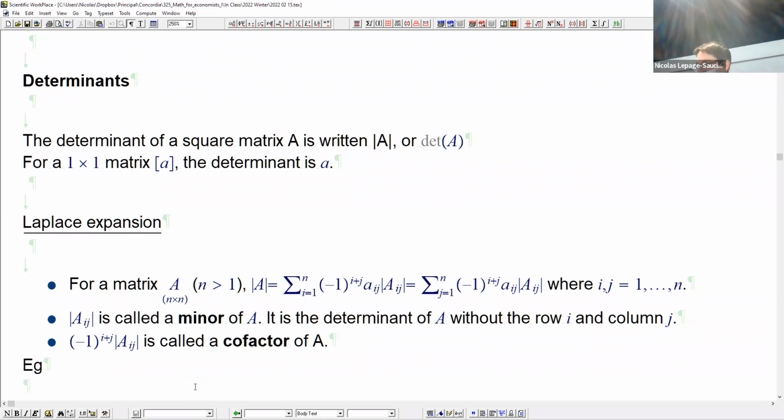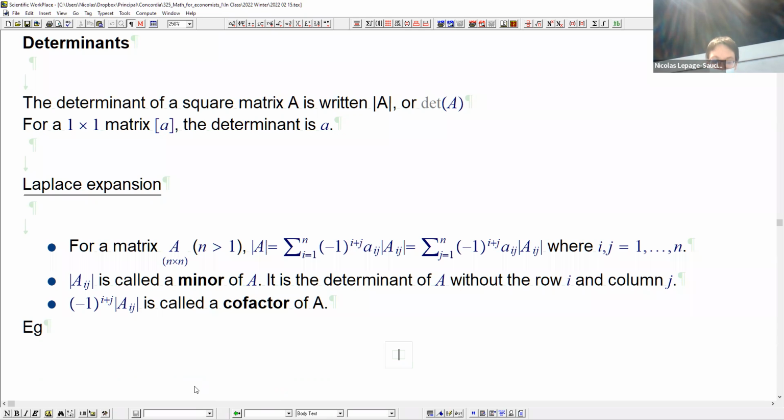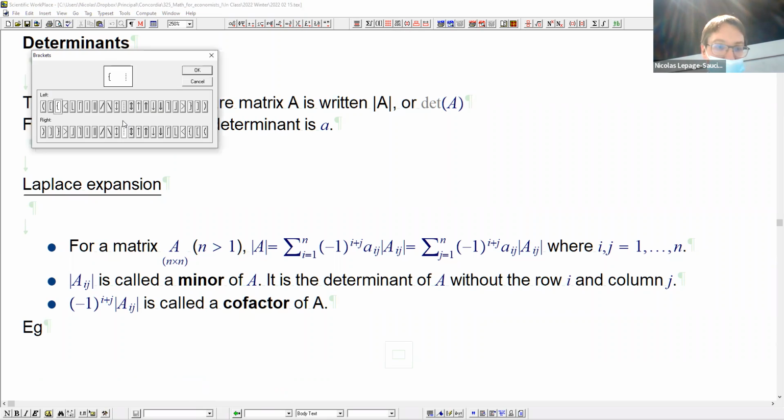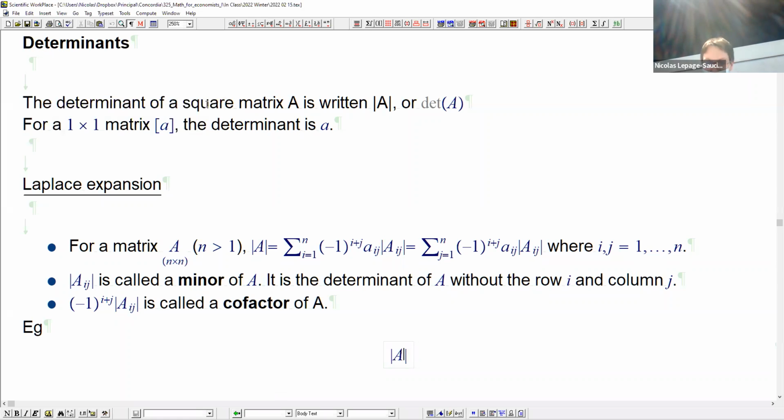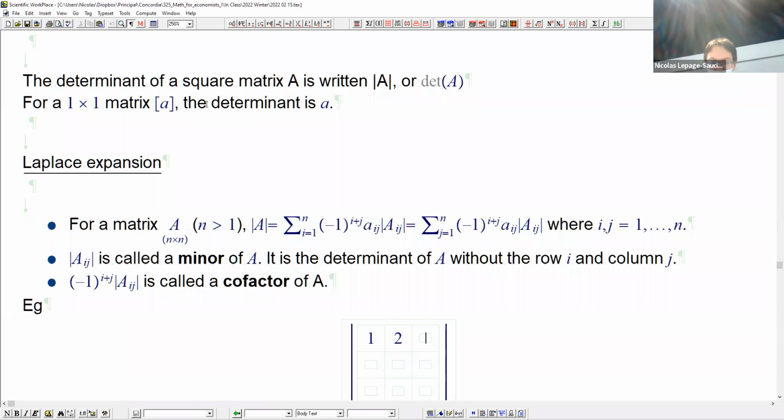Imagine we have the following matrix. So let's have 1, 2, 3, 4, 6, 7, 8.